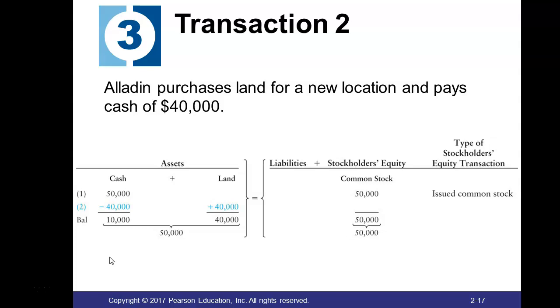Not all transactions are going to have an effect on both sides of the equation. The most important thing with this is that you have to balance, period. Whether it be a combination of assets and liabilities and equity, or assets and equity, or assets and liabilities, or just equity and liabilities. At the end of the day, the entry has to balance, and this entry does. So we reduced our cash by $40,000, but we also increased our land by $40,000.